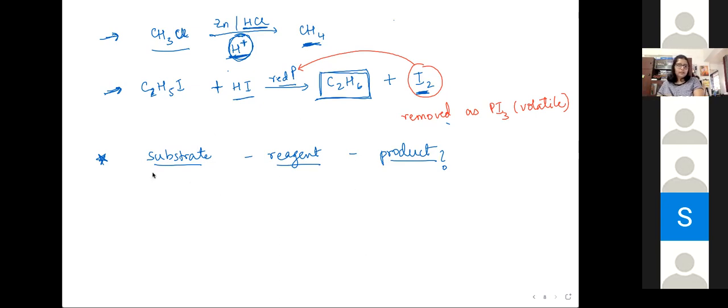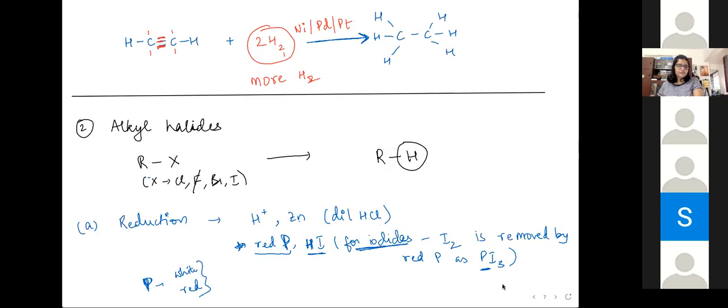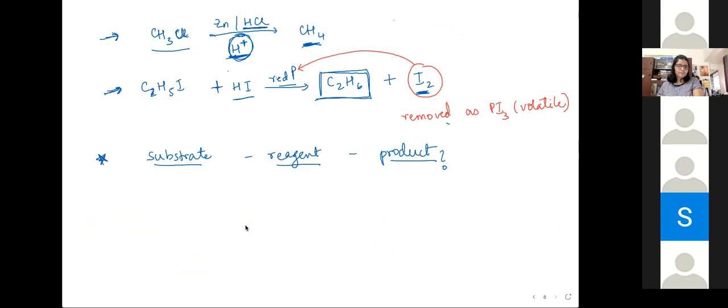Okay. This is one way of doing it, with alkyl halides itself. This is A, reduction. B, again, this is important because it's a named reaction. This is called Wurtz reaction. Wurtz is the name of the scientist who must have worked on this.